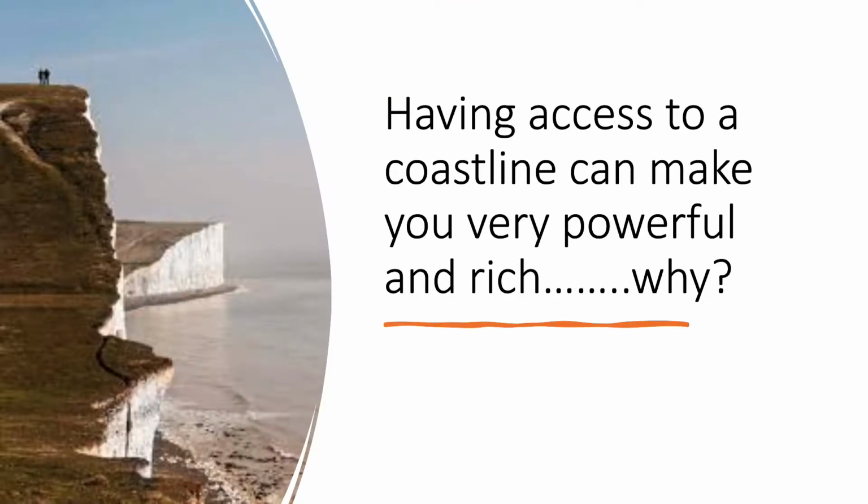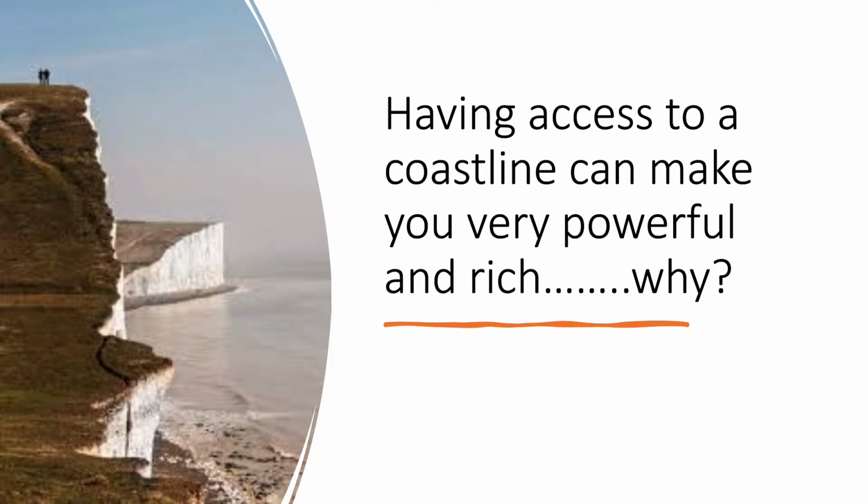The other thing that you might remember is that we have this thing called the Law of the Sea, which was created by the United Nations. Under the Law of the Sea, all coastal countries have a 200-mile exclusive economic zone, EEZ. That's 200 miles of resources.